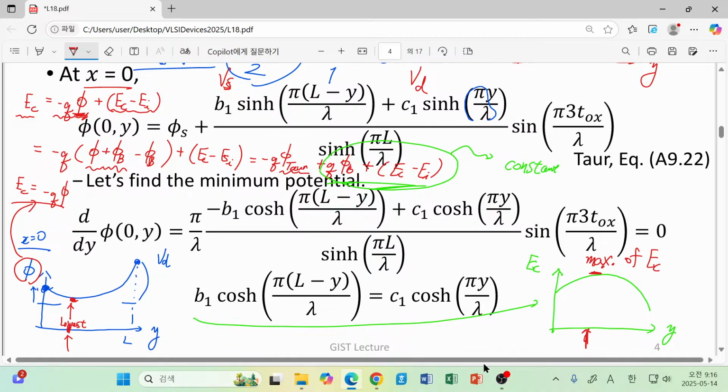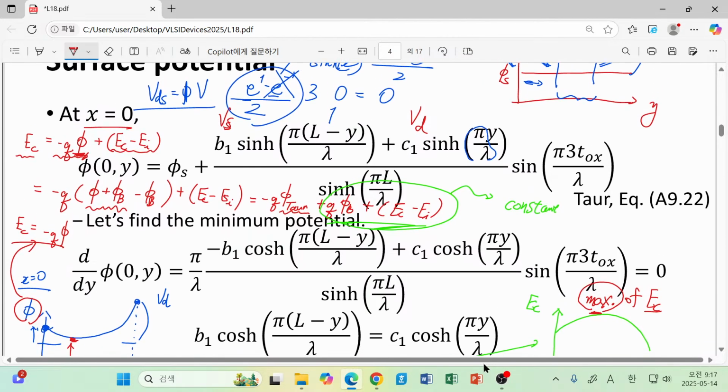So this maximum value of the conduction band minimum can be regarded as the overall energetic barrier for our system.